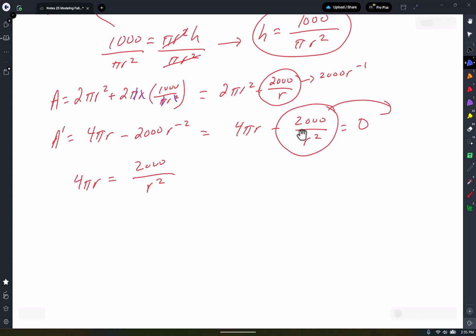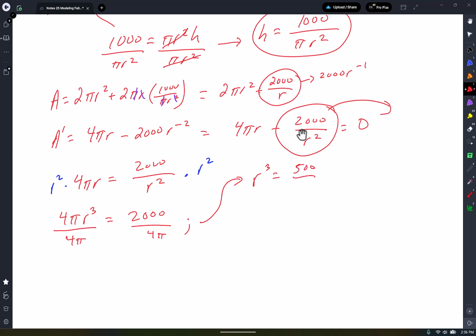I'm going to multiply the right side by r squared, and whatever I do to one side, I do to the other. 4 pi r cubed equals 2,000. We still okay, guys? All right, divide by 4 pi. R cubed equals 500 over pi.